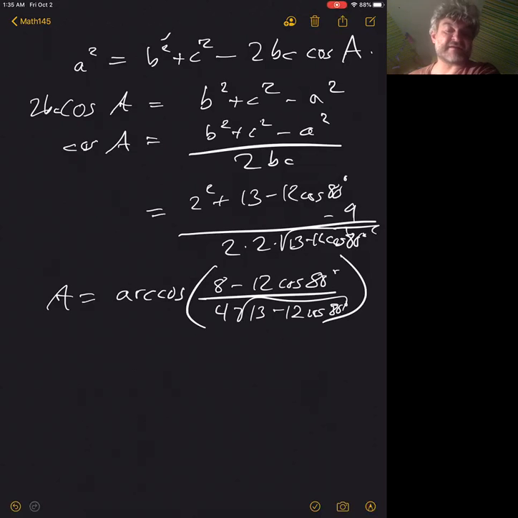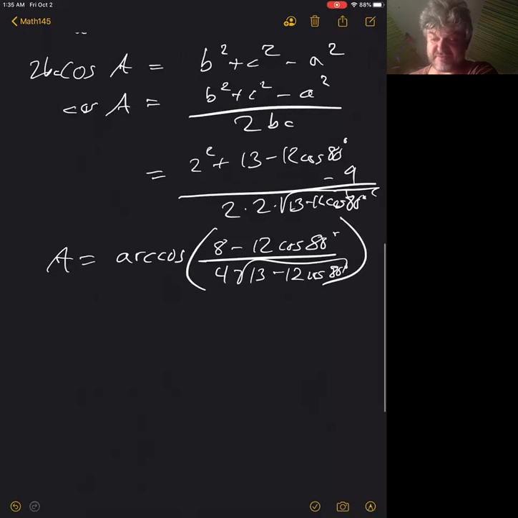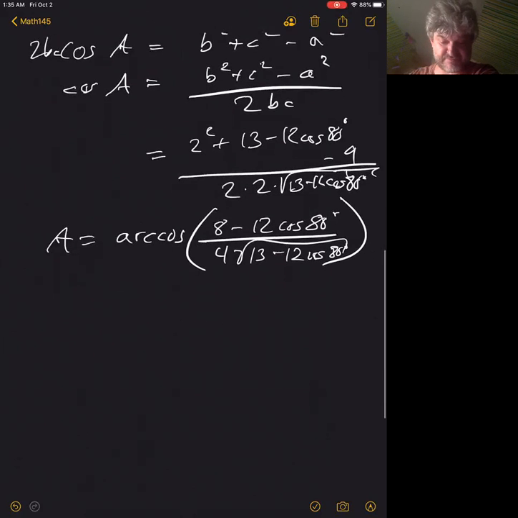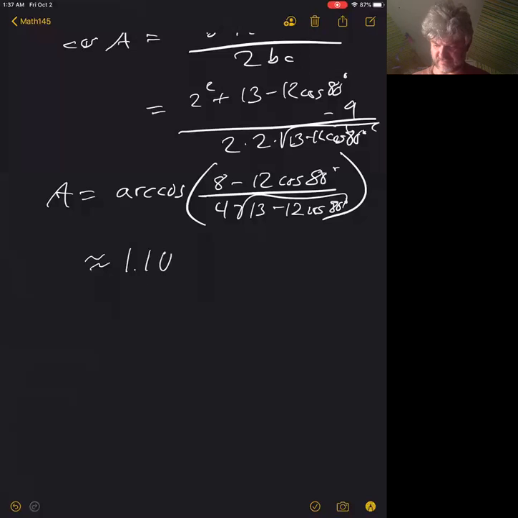And if you hack that into a calculator, it'll come up with some number. I've actually done it, and it gives me 1.1066 something radians.